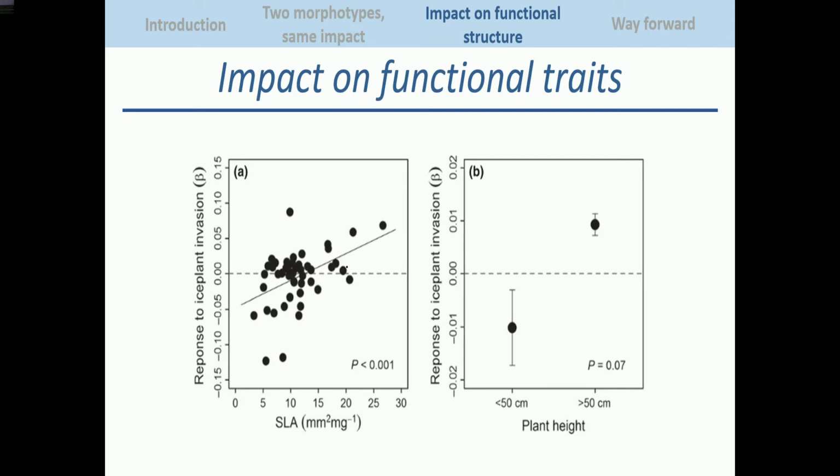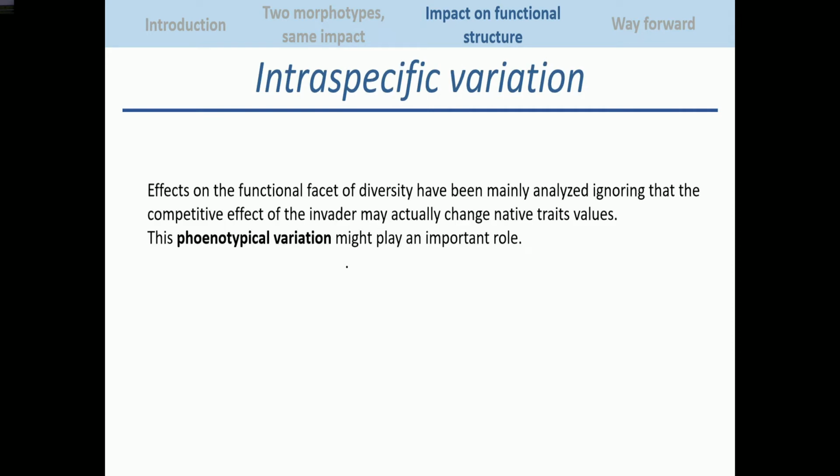But there were still some questions unanswered, and specifically there was this question: what about the intraspecific variation? Okay, we know that species that have certain traits are not responding well to the invasion, but we also know that species are able to modify the values of these traits, that they are plastic, especially height and specifically leaf area.